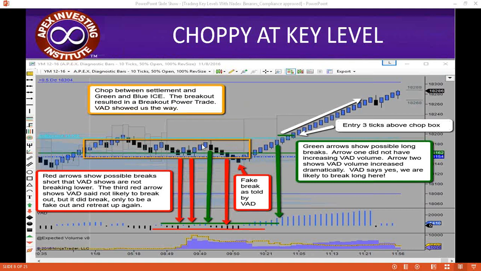Breakout. You got levels. You got chop. This VAD indicator tells you when to get in and when to not get in. It's perfect. I'm looking back at this chart going, oh my goodness, look at that move. Look at all the money I would have made. But then when you're trading it live and you take the wrong expiration binary and you lose on it, you're going to be pretty disappointed, right? Okay, so there's more to it than just learning the indicators in the chart. You got to make sure to get the right binary.